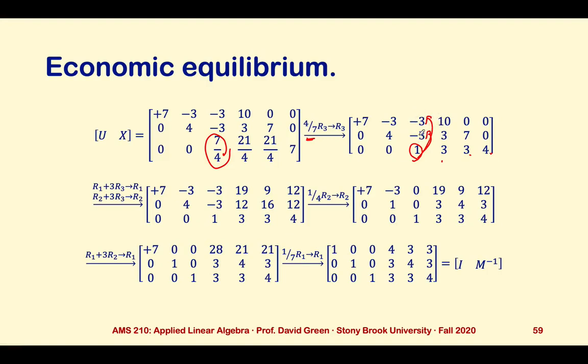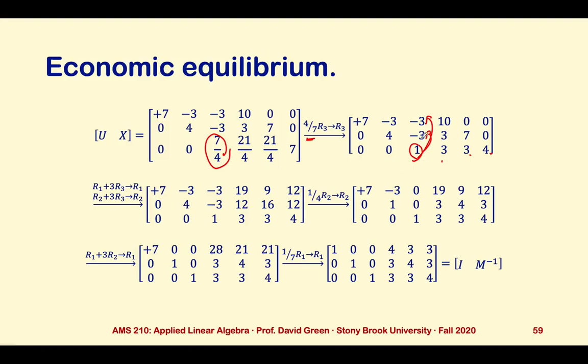To get rid of these -3s, we add 3 times this row to each of these rows. -3 plus 3 is 0. 10 plus 9 is 19. 0 plus 9 is 9. And 0 plus 12 is 12.